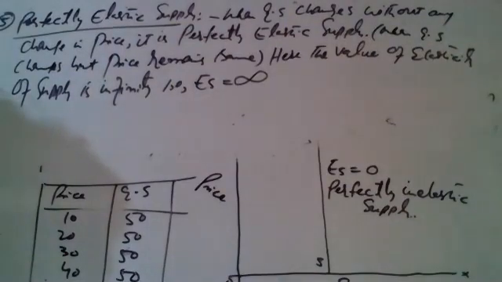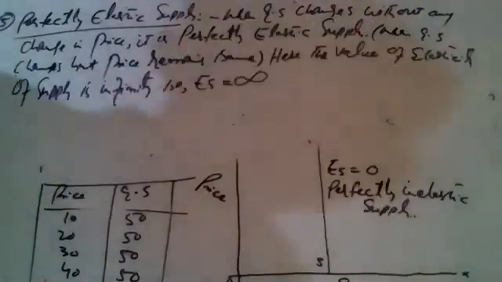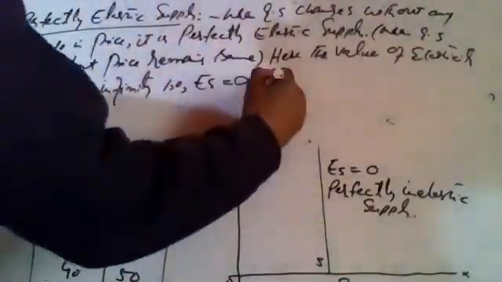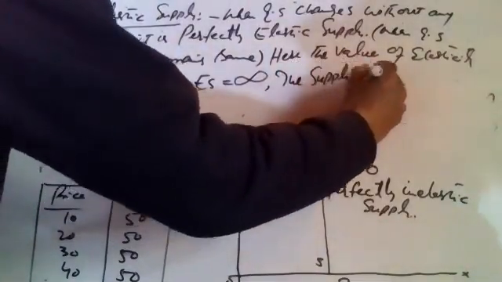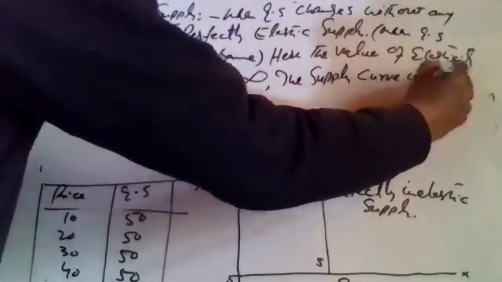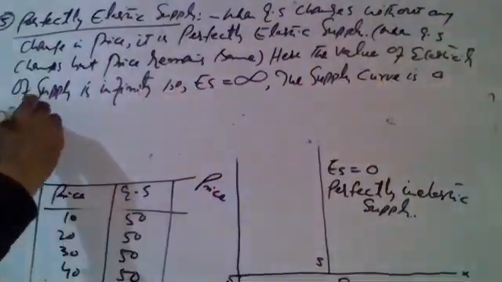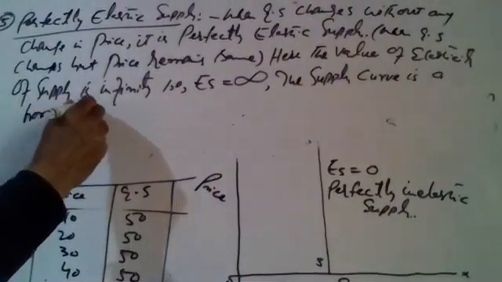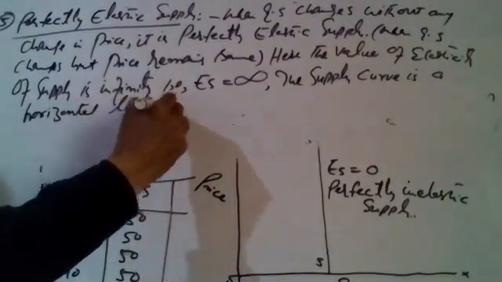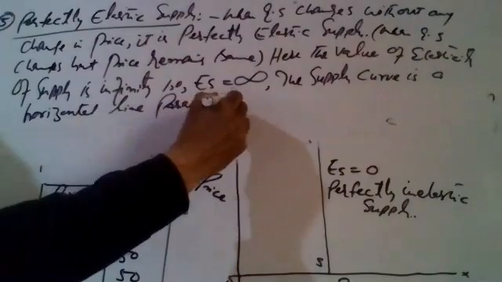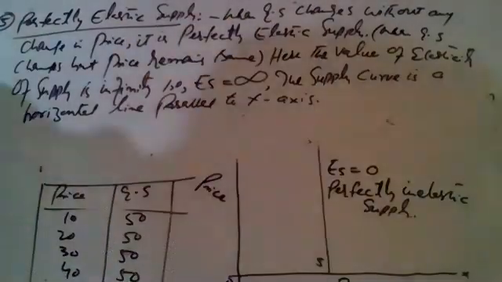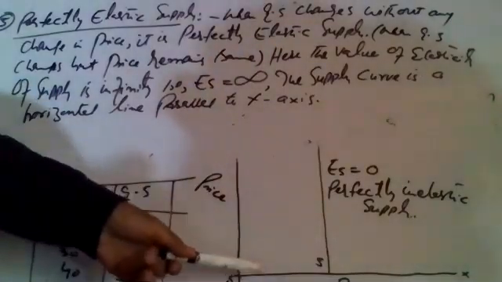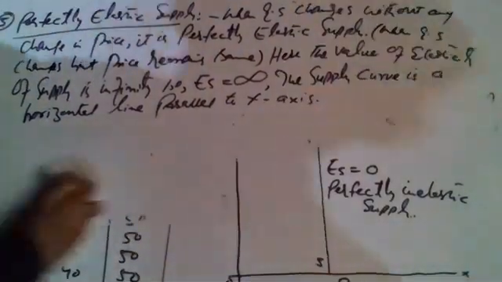The shape of the supply curve is a horizontal line parallel to the x-axis, not the y-axis.